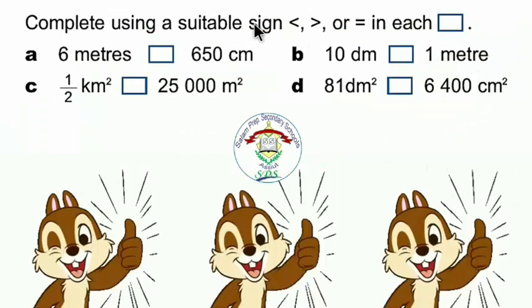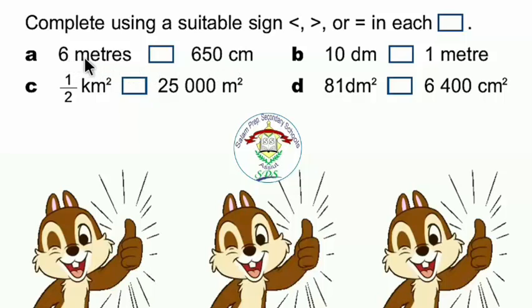1,200. Complete using a suitable sign: smaller than, greater than, or equal to. The first one, 6 meters and 650 centimeters. We should put the units the same.